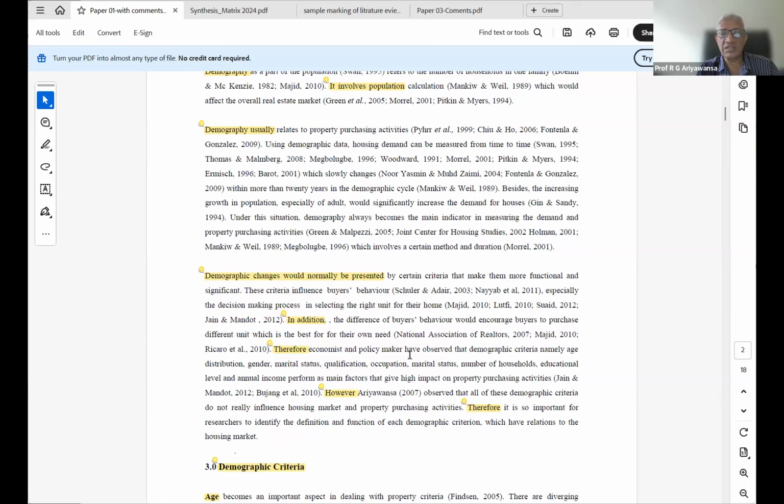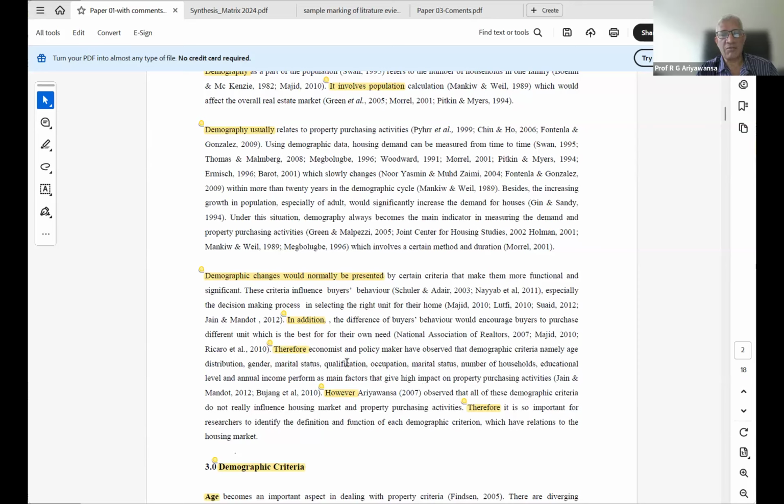economists and policymakers have observed. Still, he is talking about others' views, and based on this, he is pointing out how others have looked into the matter. Therefore, economists and policymakers have observed that demographic criteria, namely age distribution, gender, marital status, qualification, occupation, number of households.